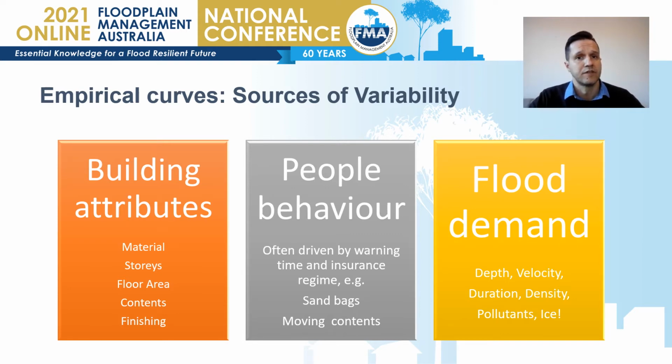Finally, different damage levels for the same depth could be caused by different flow velocities or water density. And in other countries, there are even other factors considered, such as ice contact, which are known to be a driver of damage.